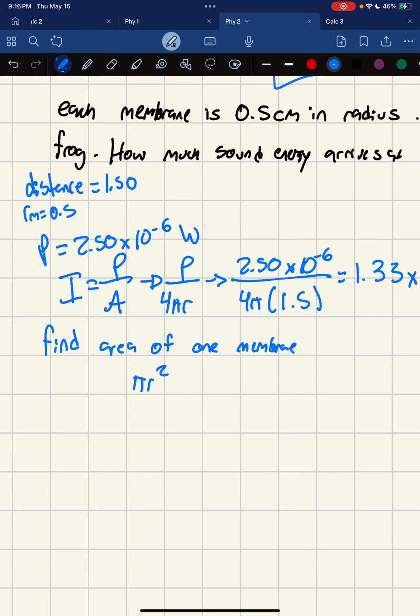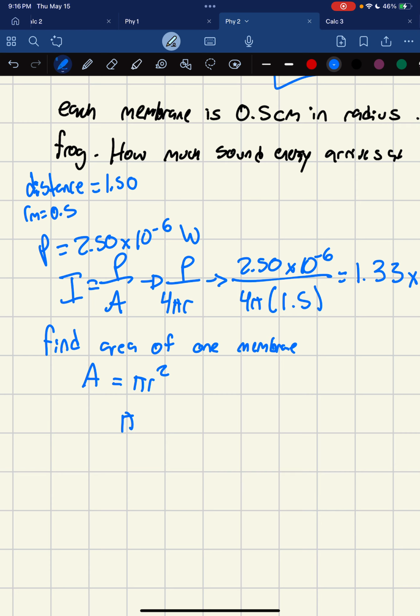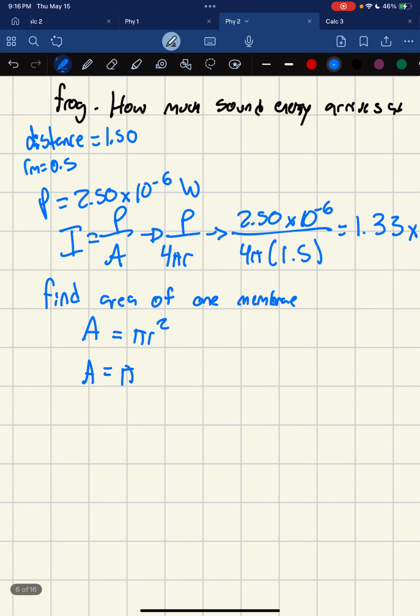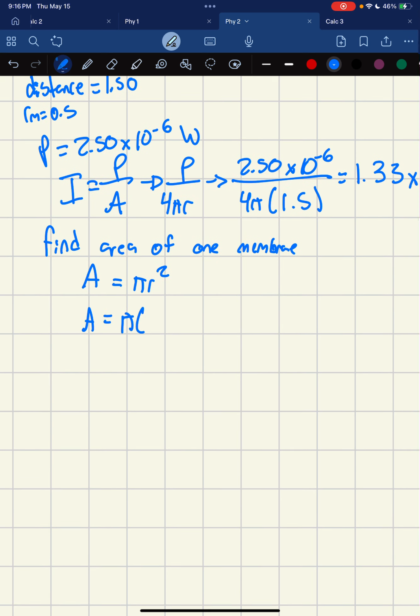And since I'm using the membrane radius, it's pi times 0.5 squared, which is equal to 0.785.